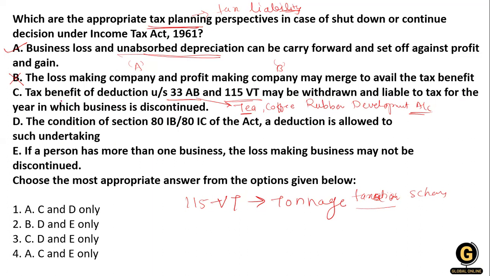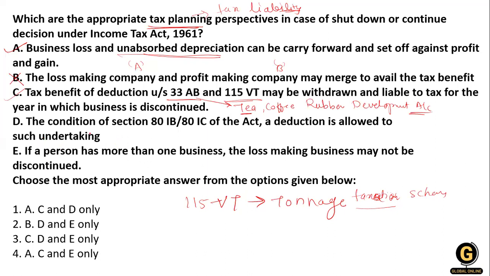Yes, this is also true. We can use it and we can withdraw it. You can utilize it at the time of shutdown, or if you decide to continue your business, we can utilize this deduction and take the benefit from it. So statement C is also correct over here.